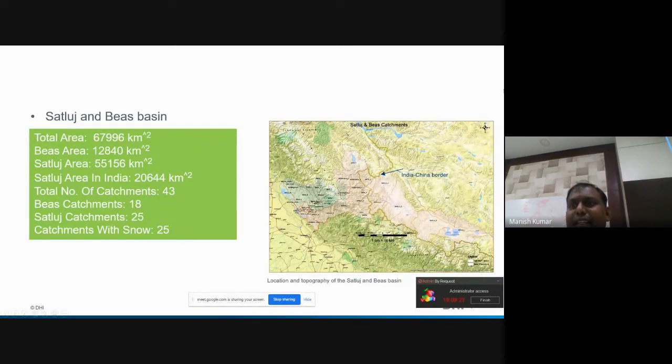You can see that this whole area is in the Tibet region, and this is all area that is basically snow fed. The total area is 67,000 square kilometers, Beas 12,000 and Satluj 55,000, and two-thirds of 55,000 is in the Tibet region.